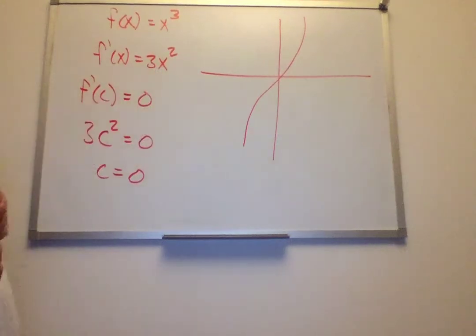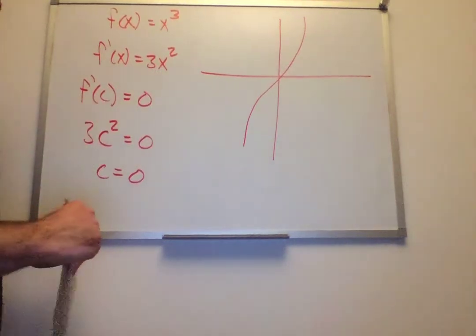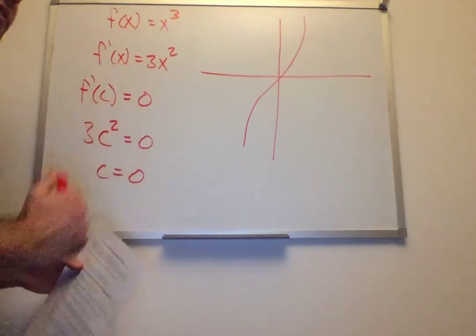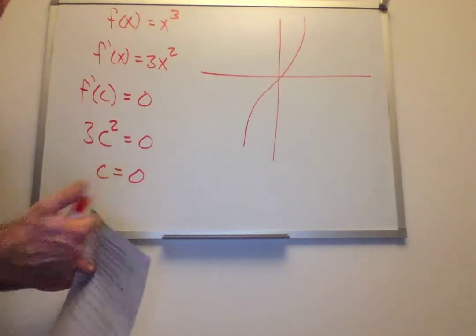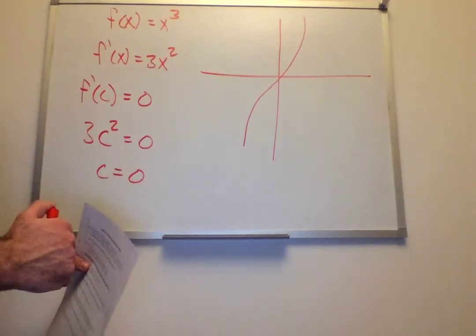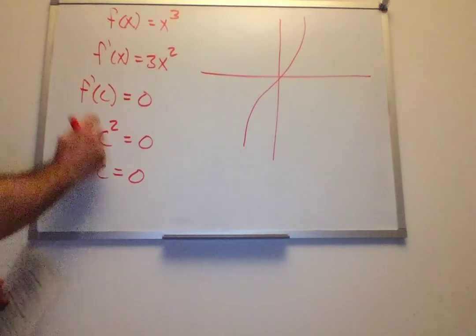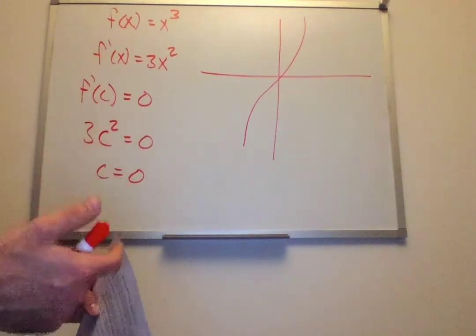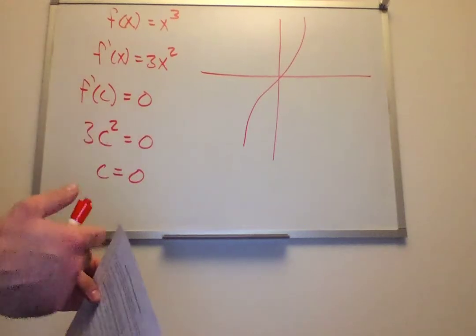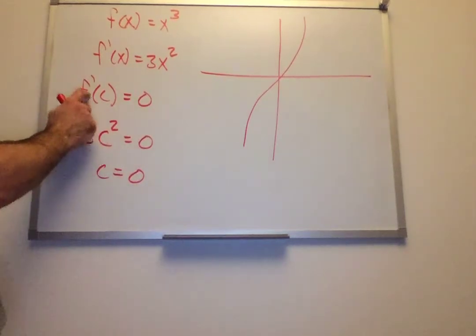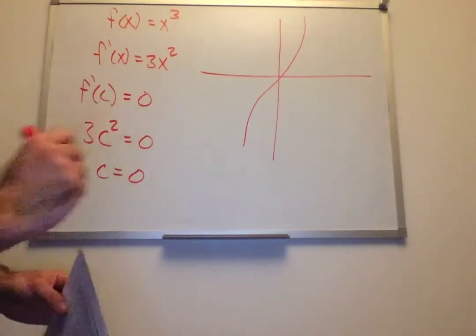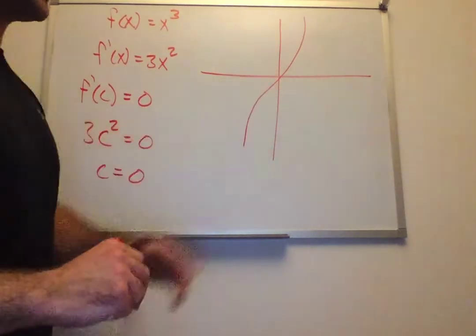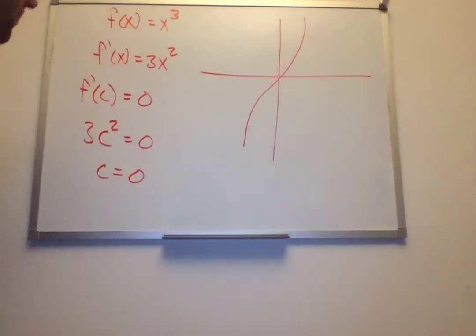This function does not have a local min or max anywhere. The derivative exists everywhere, so the second condition is true: the derivative exists at c. The first condition is not satisfied because we do not have a min or a max.